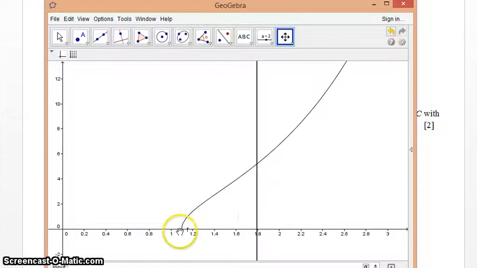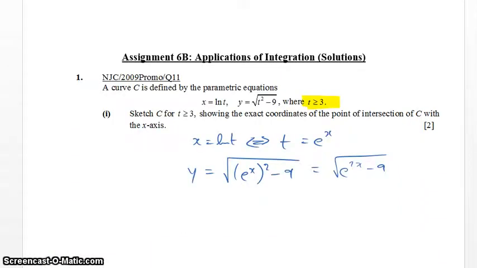Now, in particular, that means that I'm integrating this curve between x equals this point here, which is ln 3, and this point here, which is ln 6. So the first part is to show that the area can be expressed like that. So let's do that.